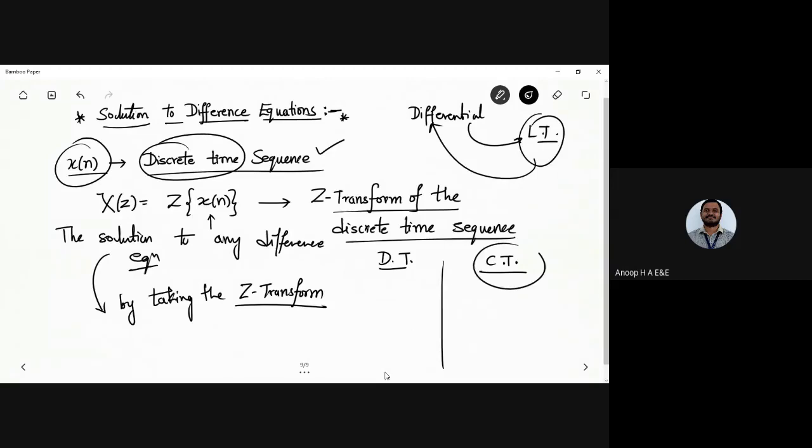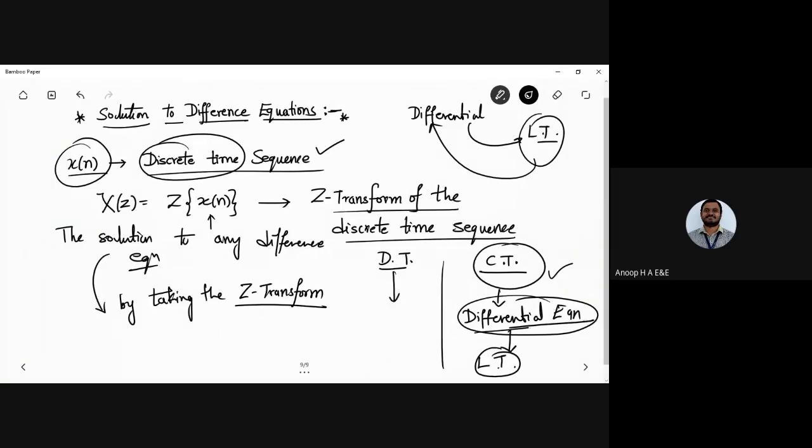To analyze a continuous time system, you model it using differential equations, and the tool to solve a given differential equation is the Laplace transform approach.